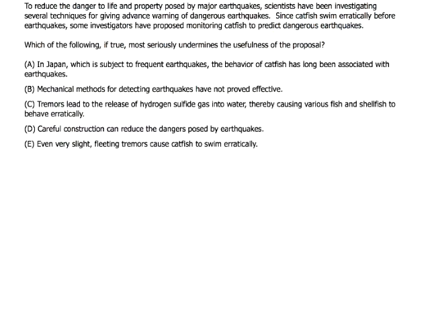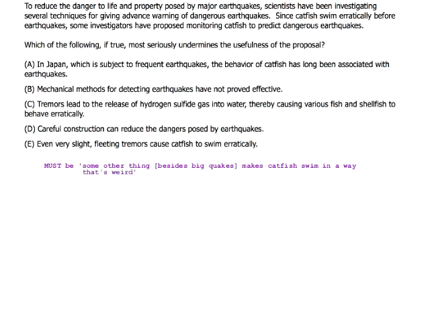But it has to be something. It has to be some other thing that makes catfish swim in a way that's weird. So, some other thing besides big quakes makes catfish swim in a way that's weird.